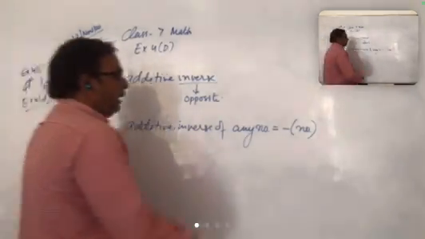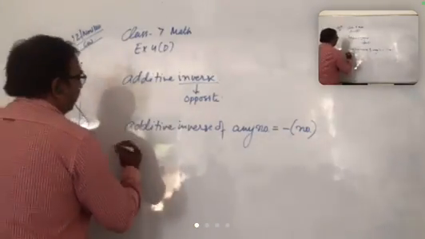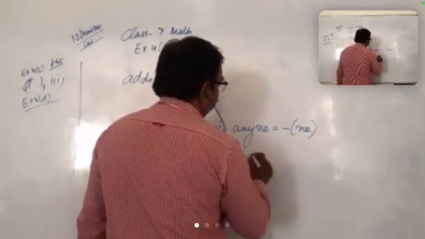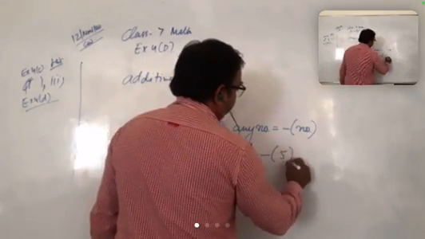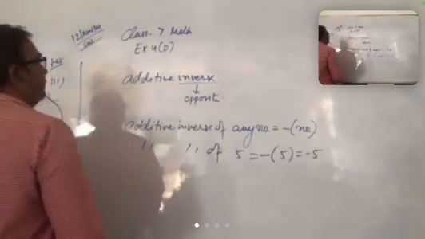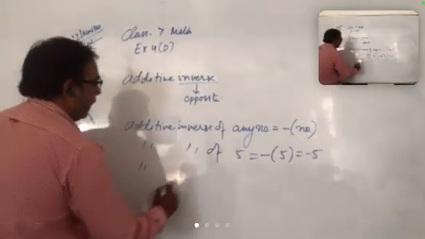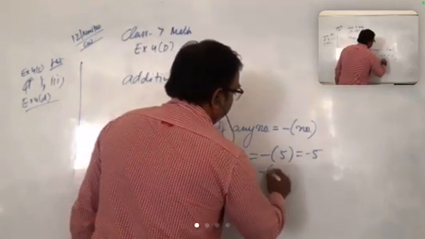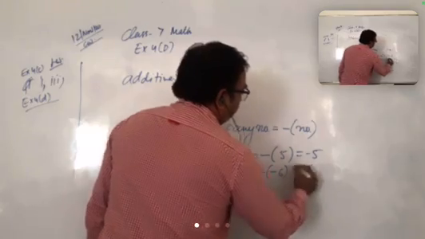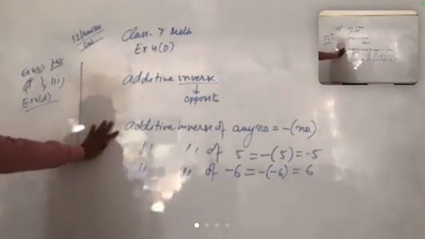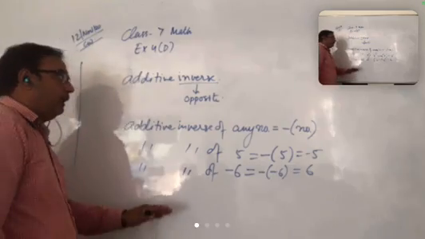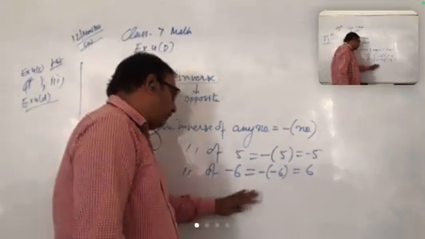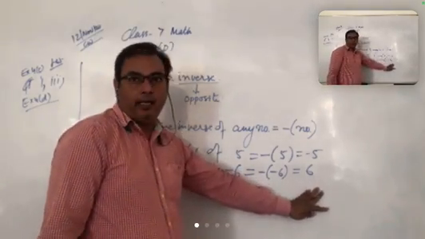Suppose we are finding the additive inverse of 5, it means minus 5; your answer will be minus 5. And if you are finding the additive inverse of minus 6, your answer will be 6. Means if you are finding the additive inverse of a positive number, the answer will be negative. If you are finding the additive inverse of a negative number, your answer will be positive.